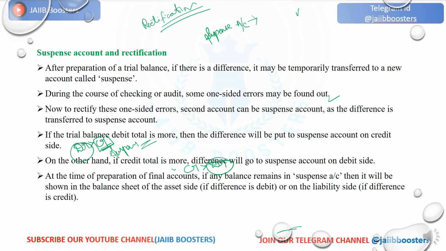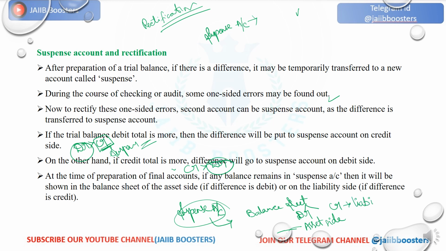As we have transferred some amount to the suspense account to balance the trial balance, this amount will be shown in the balance sheet. If the difference is debit, it will be on the asset side. If the difference is credit, it will be shown on the liability side.